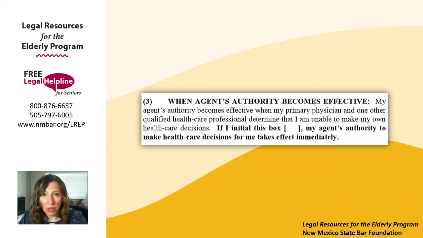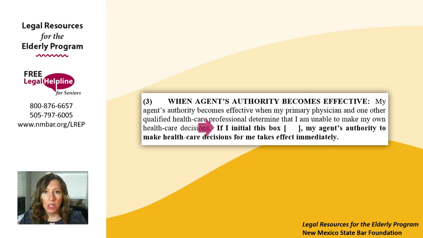In section 3, it talks about your agent's authority and when it becomes effective, when it comes into play. If you watched our video on the Advanced Healthcare Directive, you may know that typically it goes into effect when your primary physician and one other qualified healthcare professional determines that you no longer have capacity to make your own healthcare decisions.